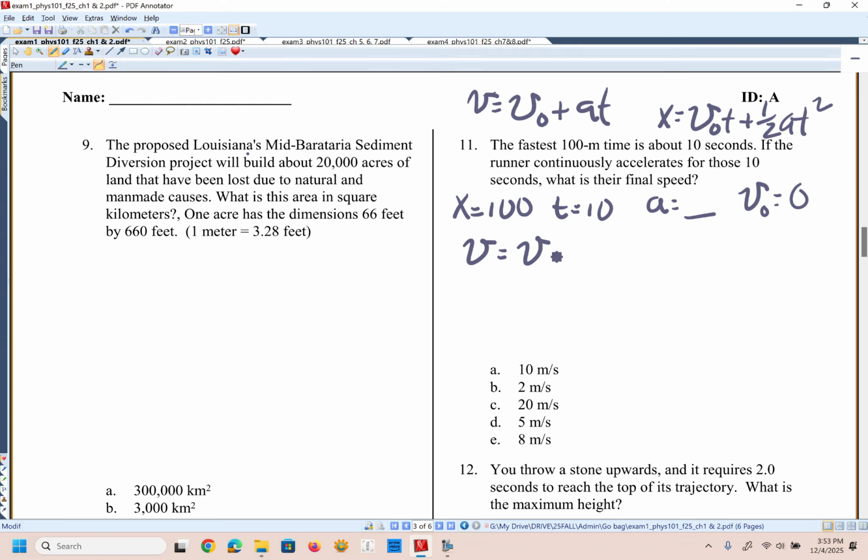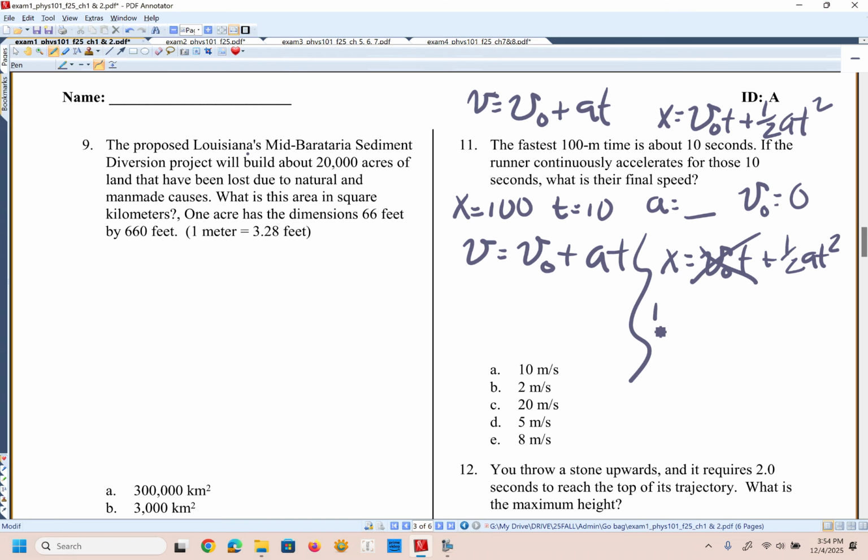I know V is equal to V naught plus A times T. Oh, but I don't know A, so I'm probably going to need to find it with this other equation. X is equal to V naught T plus 1/2 AT squared. V naught is 0, so that term goes away.